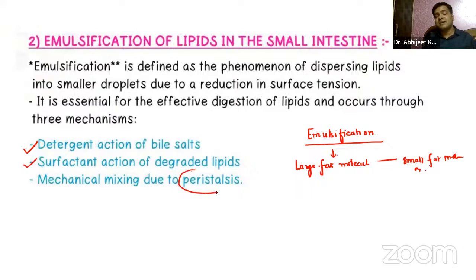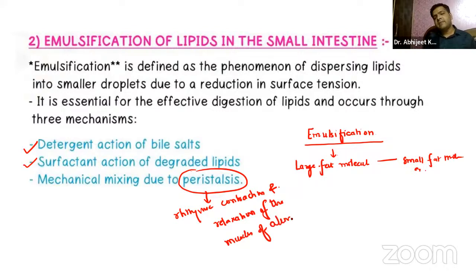Now, what is peristalsis, guys? You already know peristalsis means rhythmic contraction and relaxation of the muscles of the alimentary canal.